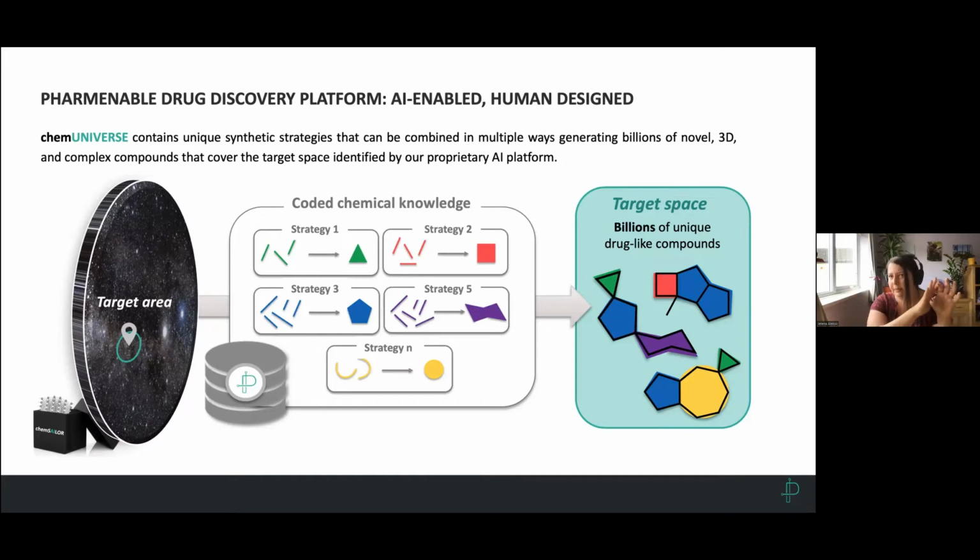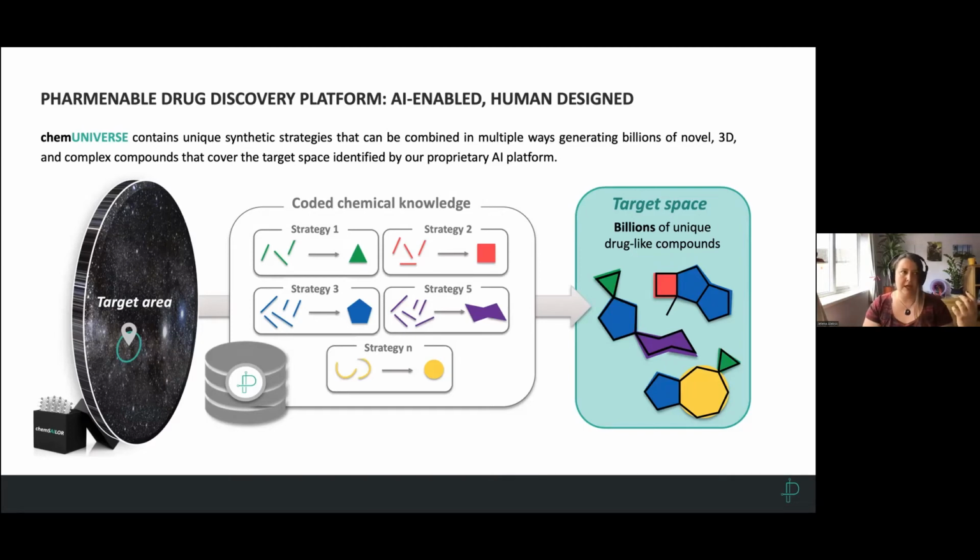So we'll identify a part of chemical space that looks promising for a given disease target, and then we'll populate that part of chemical space with molecules, even if not a single one of them is known right now. And we do that from basic building blocks and our knowledge of chemical strategies and reactions. And this means that we're able to tap into parts of chemical space that are underexplored and more novel and complex.